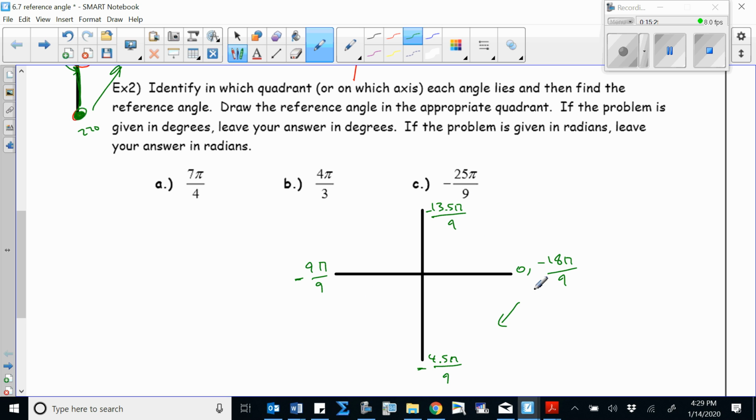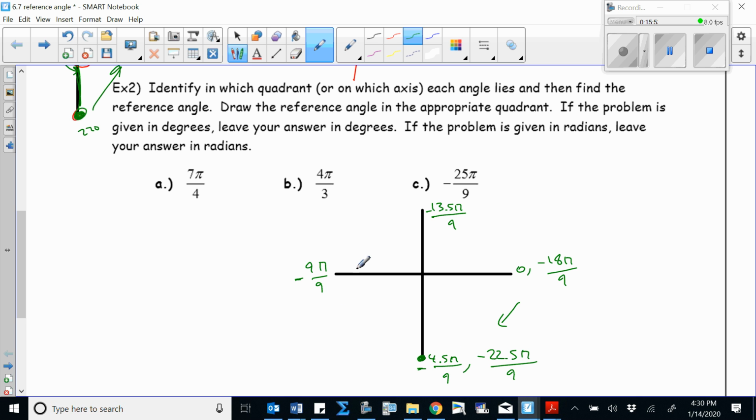going around actually. So another half should be added to negative 18 pi over 9. So this will be negative 22.5 pi over 9. 4.5 plus 18. So these two angles are located on the same point. Then we continue moving here.